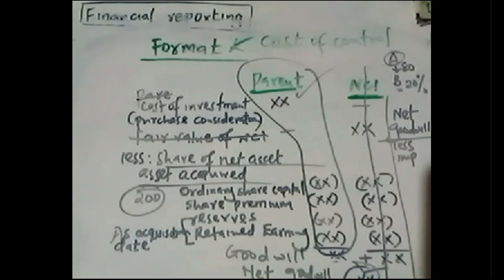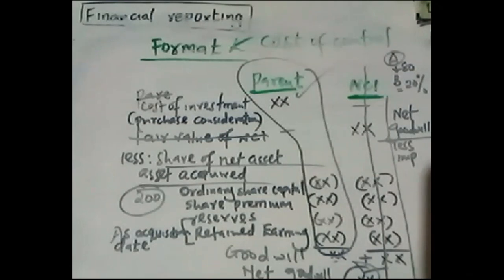My question is, you said both reserves and retained earnings we consider as at acquisition date? Yes. The figures you have to use there must be provided, or you have to compute them as at the date when the parent acquired the relevant investee company.